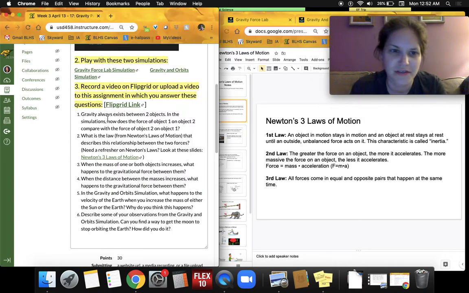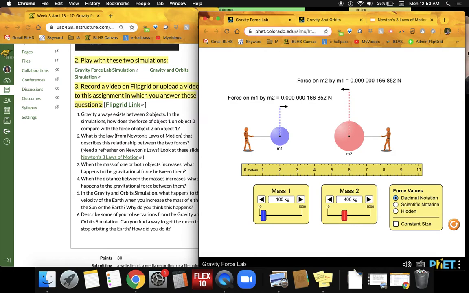So our first question is, gravity always exists between two objects. In the simulations, how does the force of object 1 on object 2 compare with the force of object 2 on object 1?